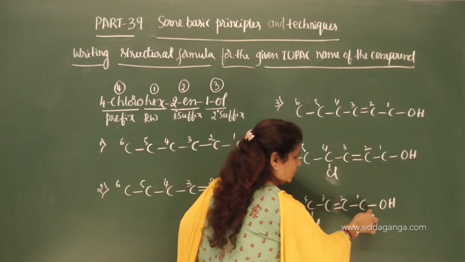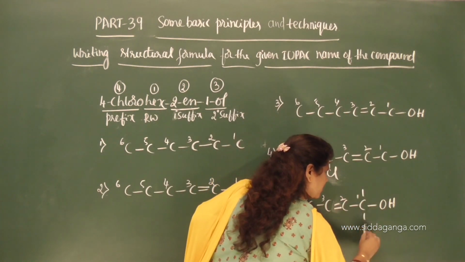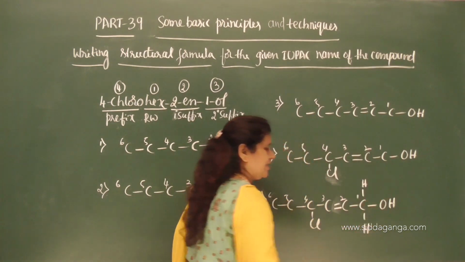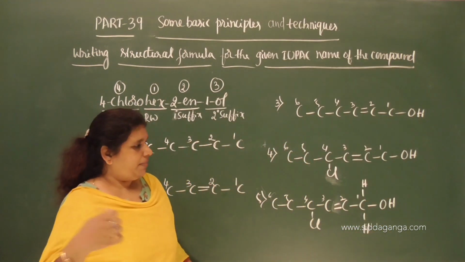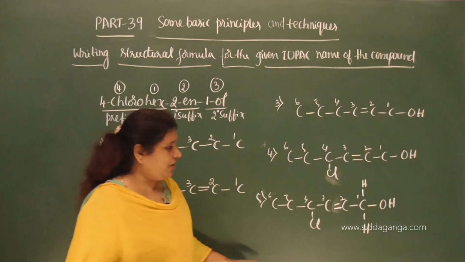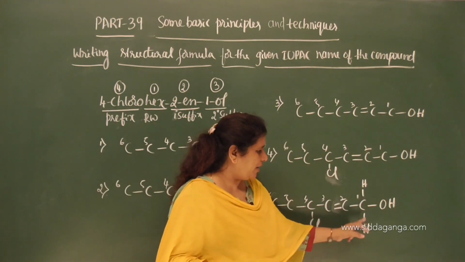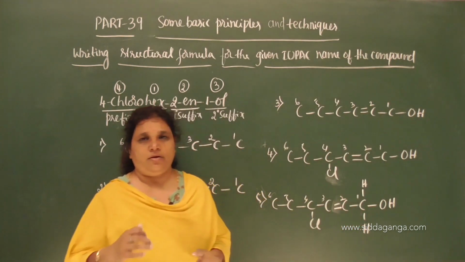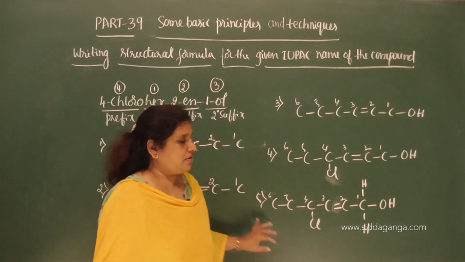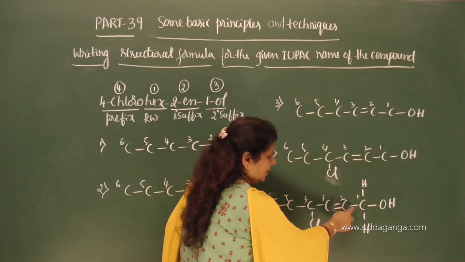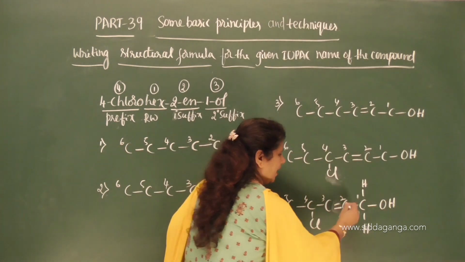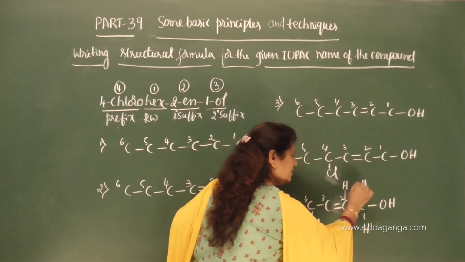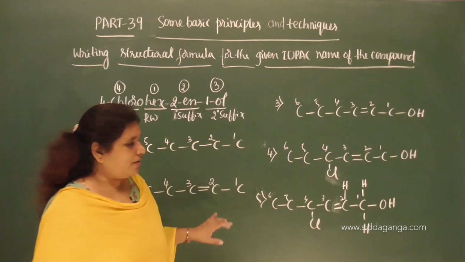Already it forms 2 bonds. Left with 2 bonds. Therefore, it satisfies its tetravalency by taking 2 hydrogen atoms. We need to fill the 2 hydrogen atoms for the first carbon because already it forms 2 bonds. Look at the second carbon. It already forming 3 bonds and left with only 1 hydrogen so that it satisfies its tetravalency.